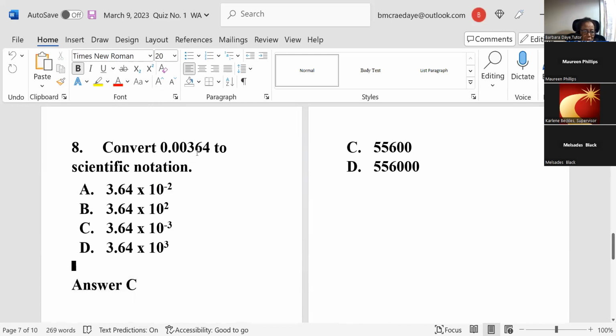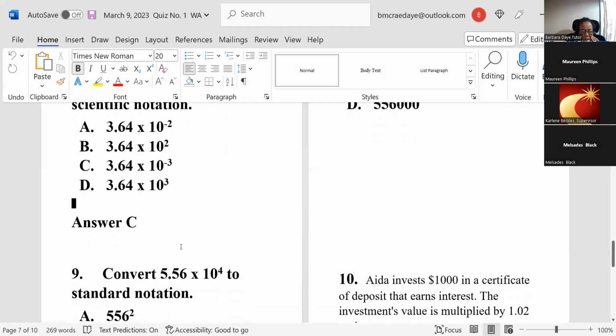How many places is that, Mercedes? 3 places, because 1, 2, 3. And to the right is negative, right? Yes. So 3.64, as Maureen said, times 10 to the minus 3. Did that answer your question, Mercedes? Yes, Miss Barbara, thank you so much.